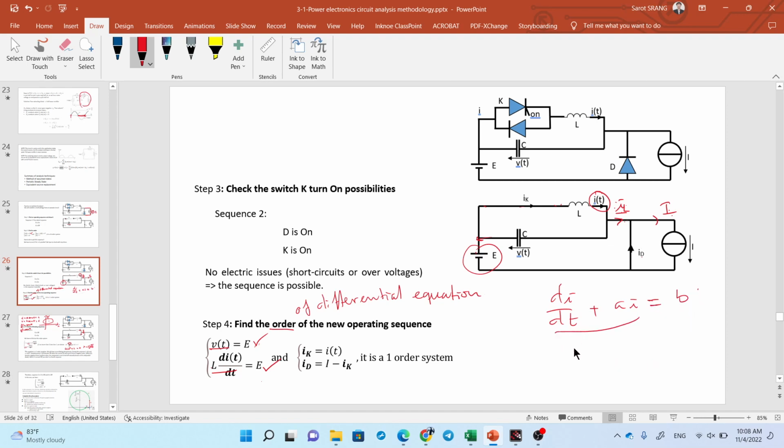So look at the characteristic equation. We have lambda plus a equal to 0. So lambda equal to minus a. Then the homogeneous solution would be e to the minus a t, right?